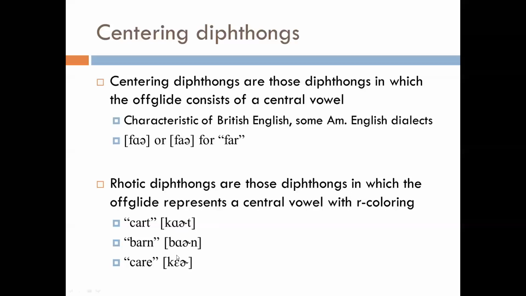Barn has an R as well. So we've got this sort of R. We start out with one vowel and we end with the R. And care, we start with one vowel and we end with the R. And those are our rhotic diphthongs.